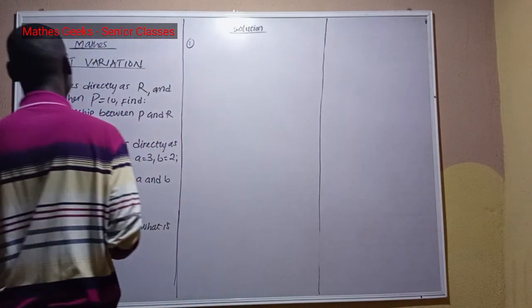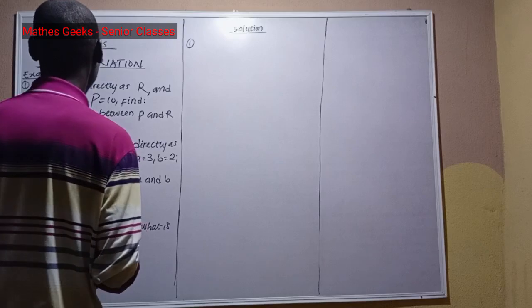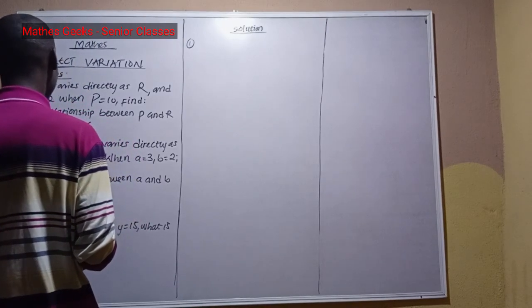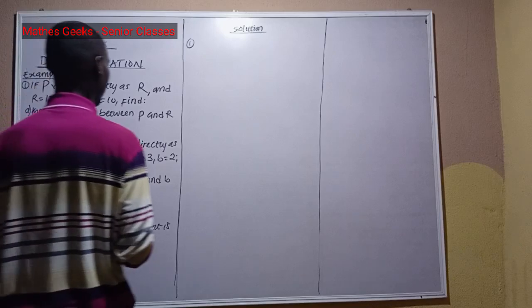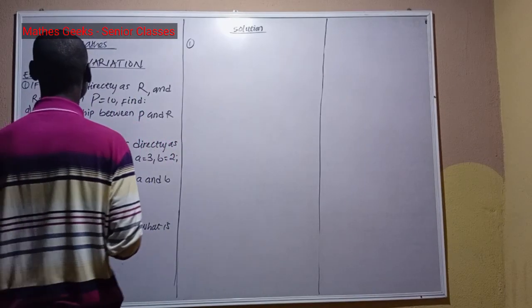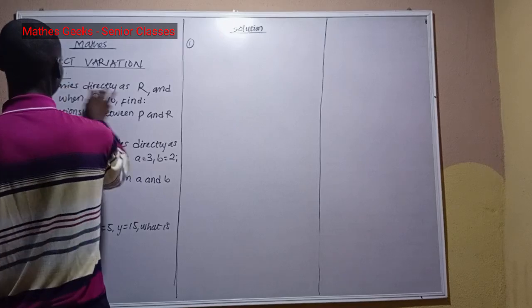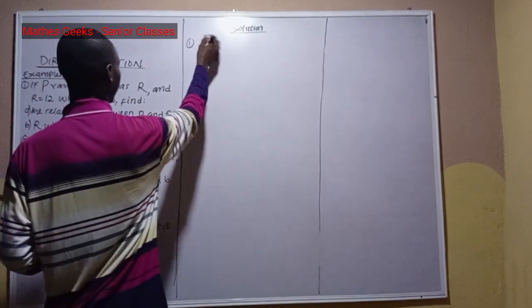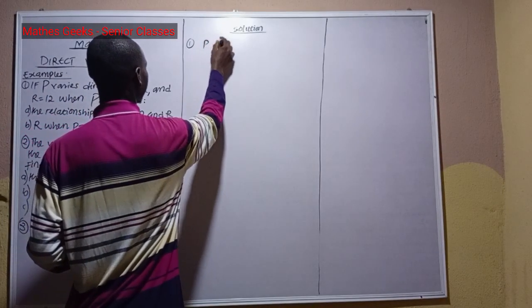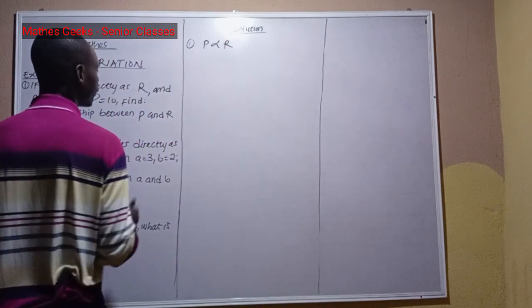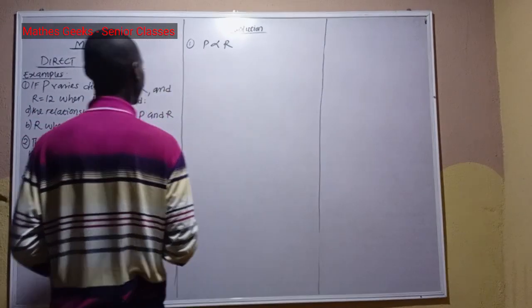Number one: if P varies directly as R, and R is 12 when P is 10, find the relationship between P and R. The first thing we're going to do is represent the statement P varies directly as R in mathematical form. So P varies directly as R. This is the way you represent direct variation.